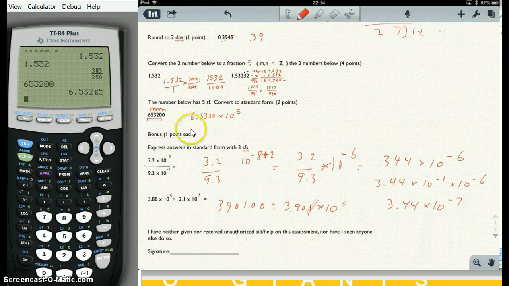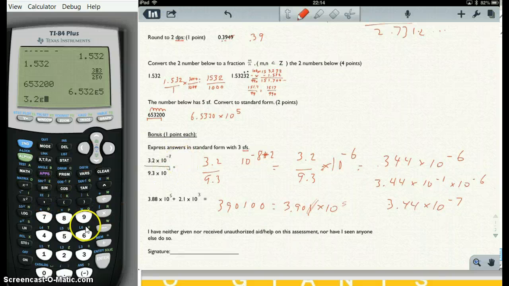Okay, so that was the regular part of the quiz, and now we're just going to do the bonus. Okay, now this is just calculator work here. So we're going to input 3.2, and remember from other videos that to put in scientific notation, use second comma, which is the EE.